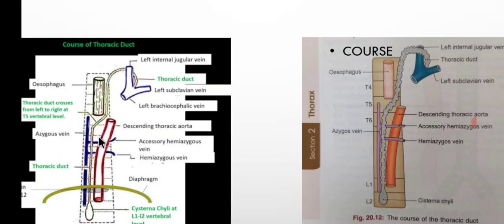Then it enters the thoracic cavity and is present in the posterior mediastinum. At the level of T4, it turns to the left side and becomes part of the superior mediastinum. In the lower part of the neck, it finally drains between the left subclavian vein and the left internal jugular vein. So this is the course.